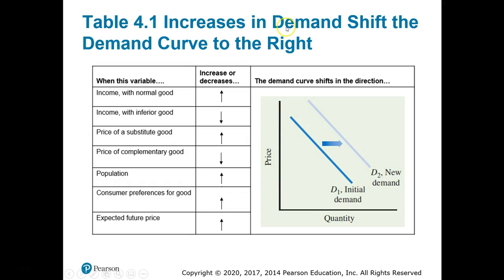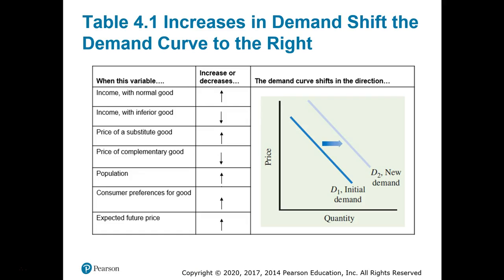So memorize what this does, and remember that when it's the variable, it's going to increase or decrease. A positive change in income for a normal good is going to increase demand. A negative change in income with an inferior good is going to decrease. Price of a substitute good will go up. What's it do?